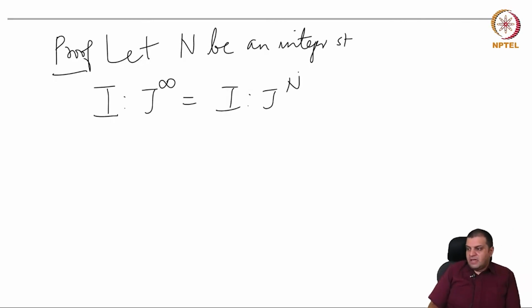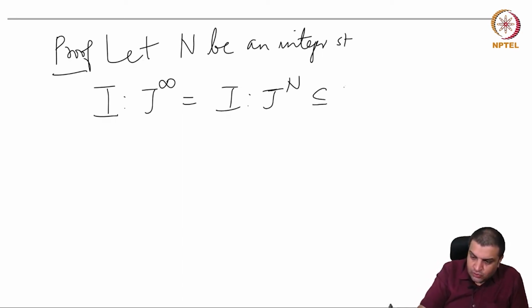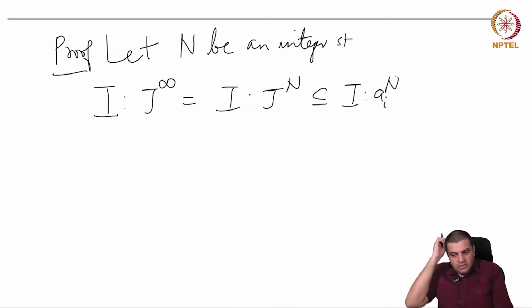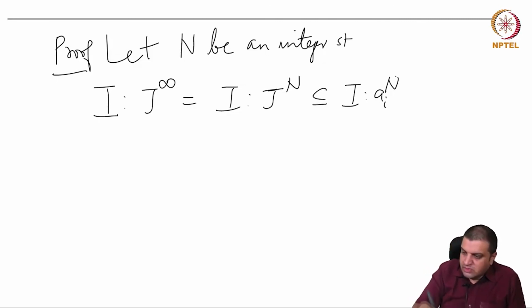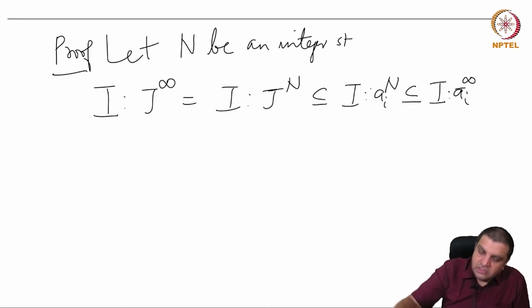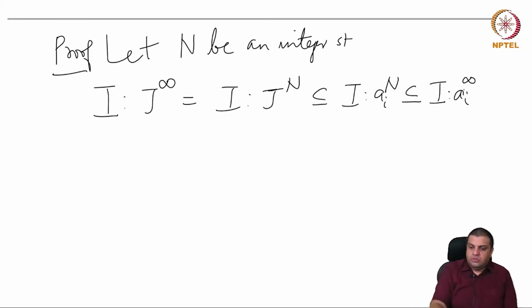But anything that multiplies J^n will also multiply ai to the n, because ai to the n is inside J^n. And this is inside I colon ai to infinity, since the stable value of this family is this saturation. So this is true for every i. This proves one inclusion.